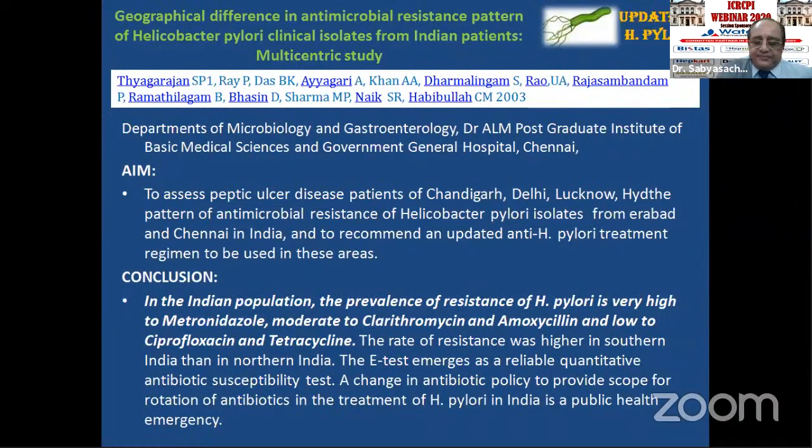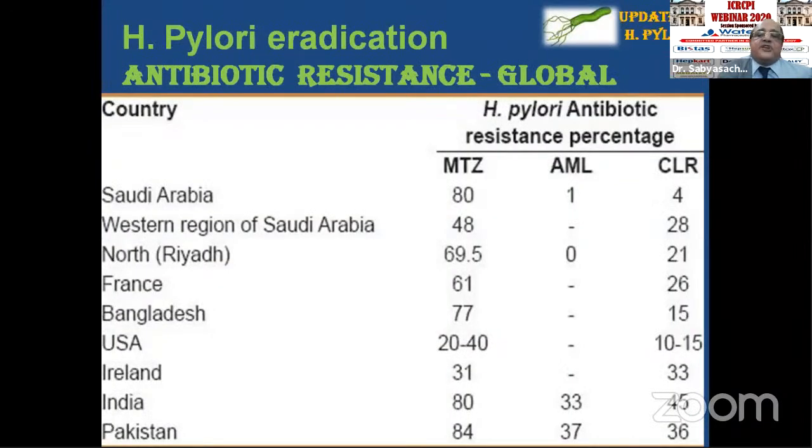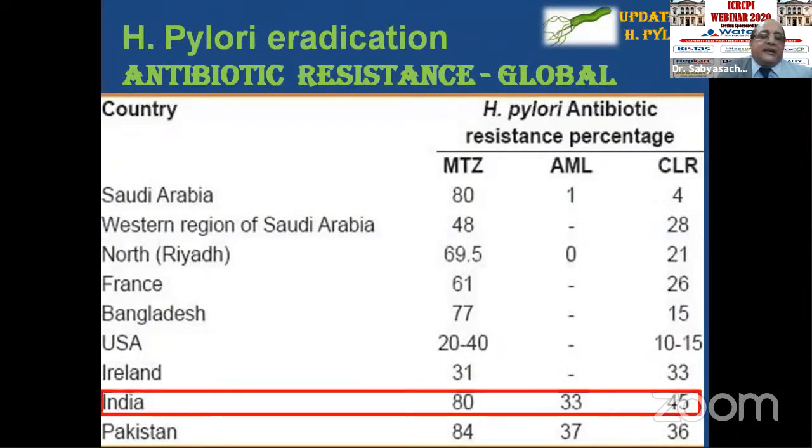And they said, in the Indian population, the prevalence of resistance of H. pylori is very high to metronidazole, moderate to clarithromycin and amoxicillin, and low to ciprofloxacin and tetracycline. In the subsequent slides, as you can see, the leader, Thyagarajan et al., is perhaps the main contributor, although it's not mentioned here.